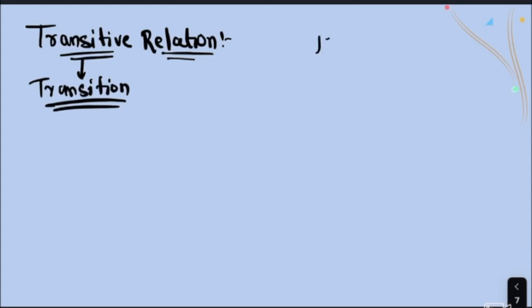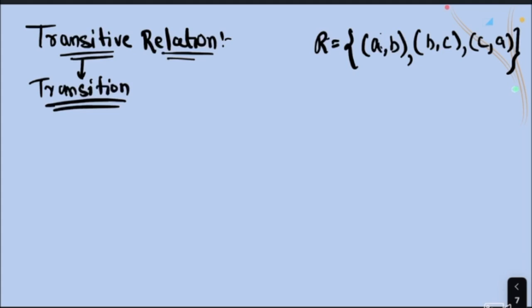Suppose a relation R contains elements like A comma B, next B comma C, and next C comma A. So this is a transitive relation. How? I'll tell you.